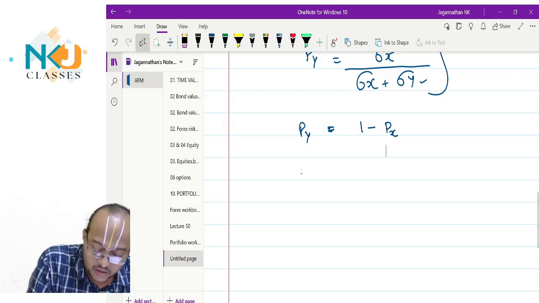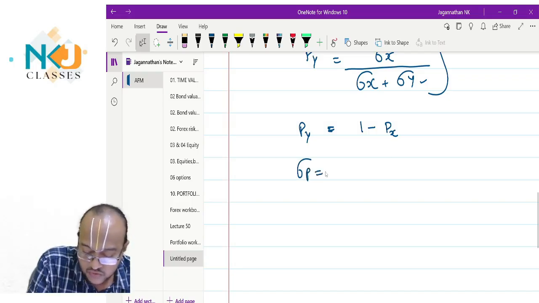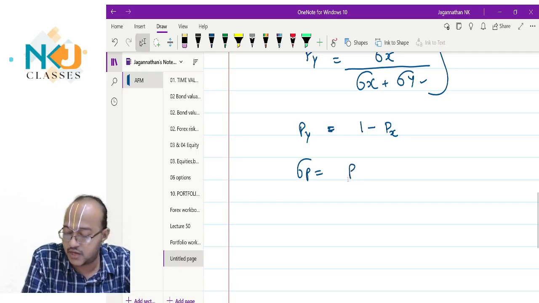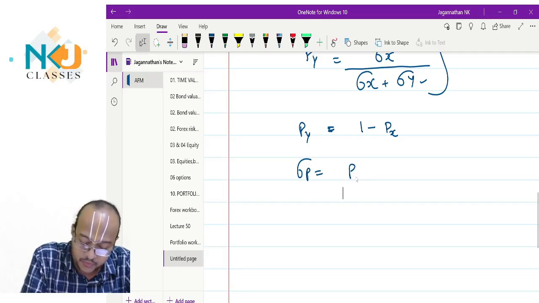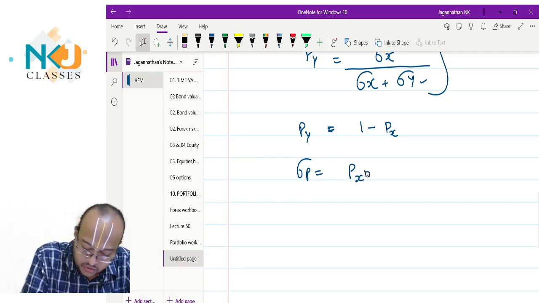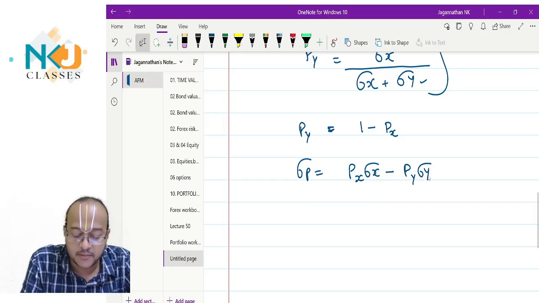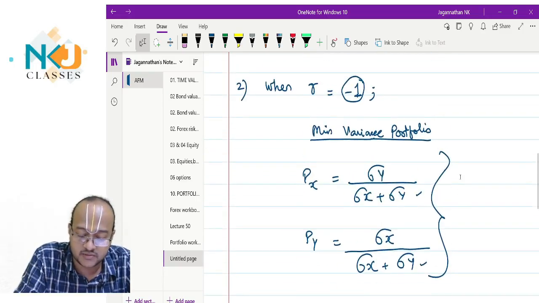Now, sigma p, the sigma of the portfolio, is equal to proportion of x into risk of x minus proportion of y into risk of y. How did we get this? Very simple.